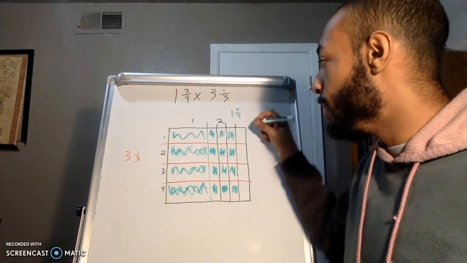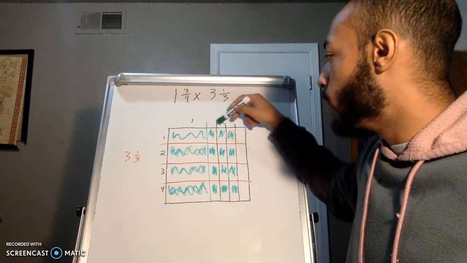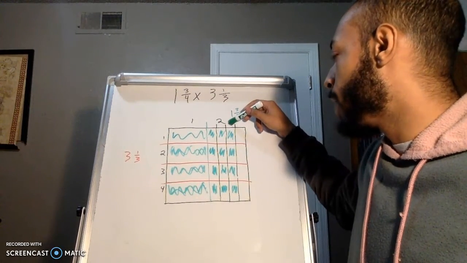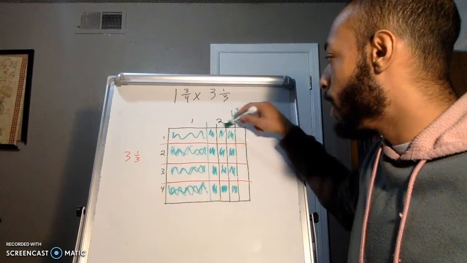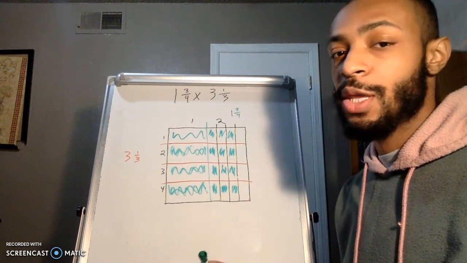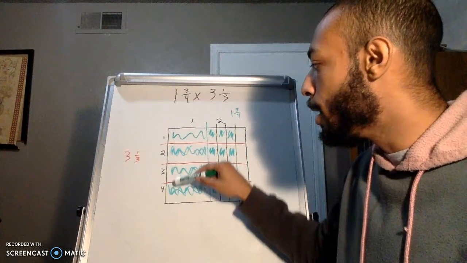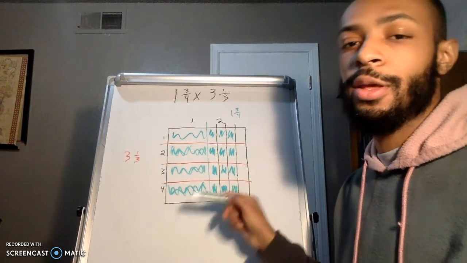So I made it equal parts and did 3 lines and made 1, 2, 3. This will be 4, but I don't need the 4th. So I colored in 3 here. So I went over 1, colored in 3, and I'm going to do the exact same thing with 3 and 1/3. I'm going to come down 3 and then make my lines here and color in a third.